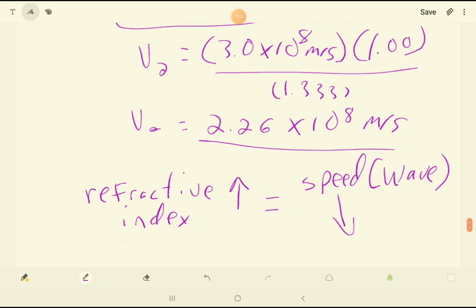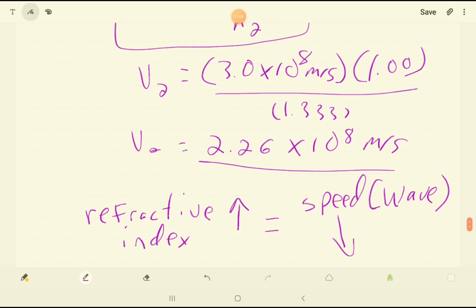Your water had a greater refractive index than the air, and so its speed was less than the air, which had a smaller refractive index.